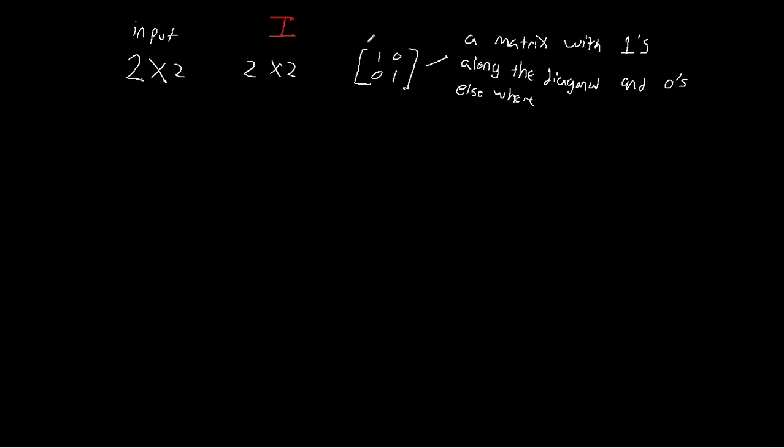That's what this matrix is. It's kind of small, so you don't maybe see it that way. We'll go through some larger examples in just a second, but the identity matrix, we proved it for the 2x2 case, is just a matrix with ones along the diagonal, and then zeros everywhere else. Okay?